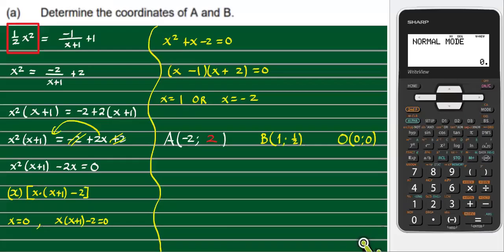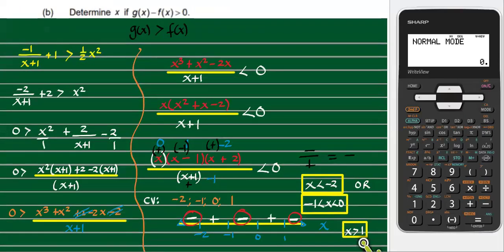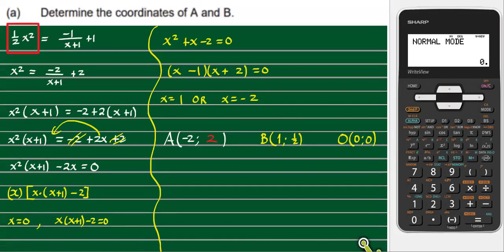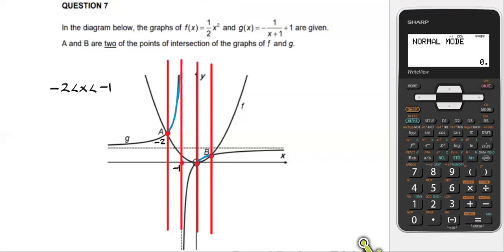Let me double check that. All right, that's where g is above, between -2 and that.